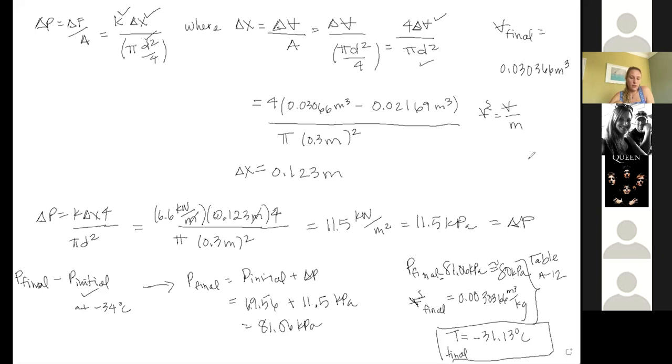So this should really be 0.3036 cubic meters per kilogram, but that does not work for the problem, because that specific volume is larger than the saturated vapor specific volume, which means it's a superheated vapor, but it's not.